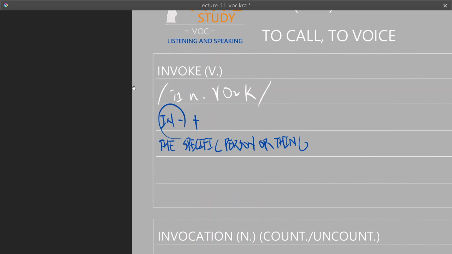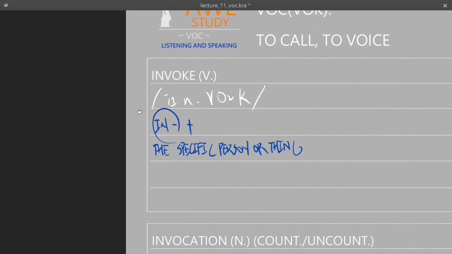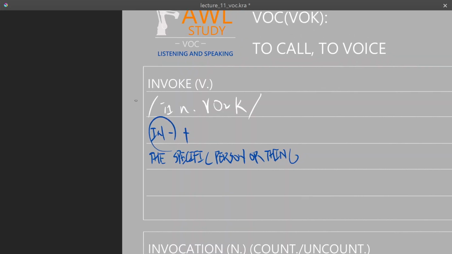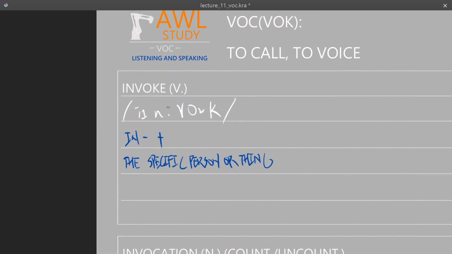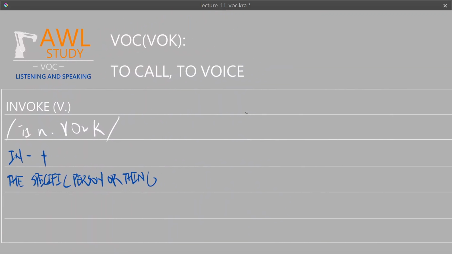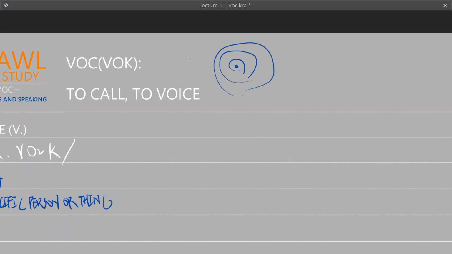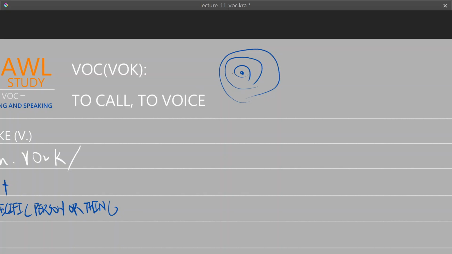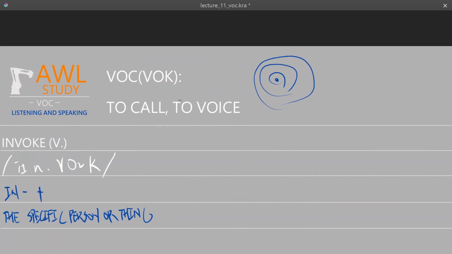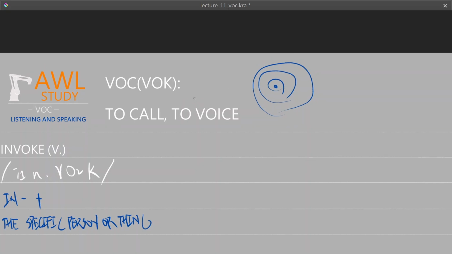Remember, the prefix in usually means into or within something, or as a common negation prefix means not, but it could also mean the specific person or thing, as if we narrow the scope down or narrow the range down.